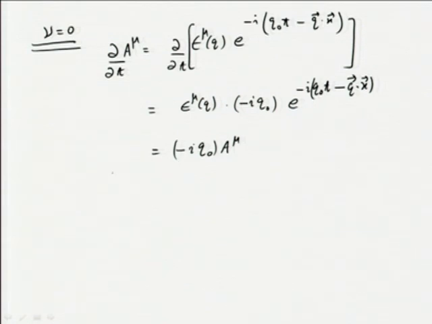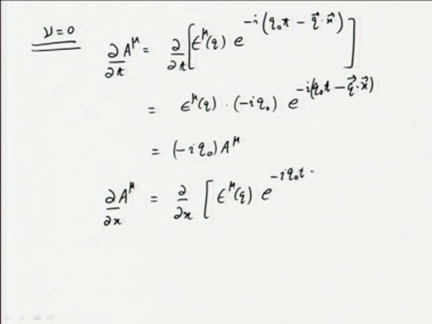Now similarly, ∂/∂x of A^μ is equal to ∂/∂x of ε^μ(q) exponential of -i(q_0 t - q_1 x - q_2 y - q_3 z).